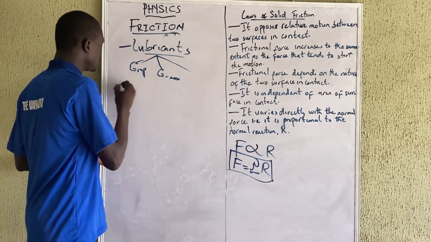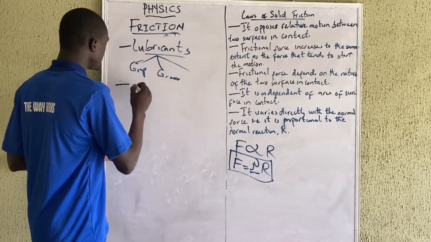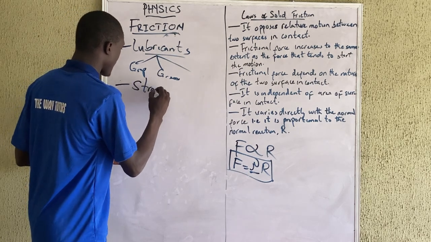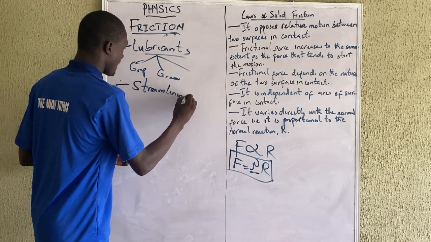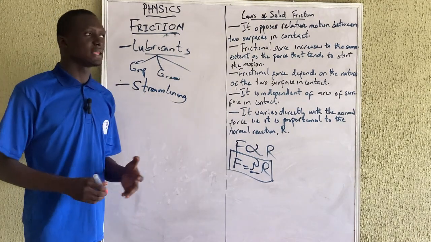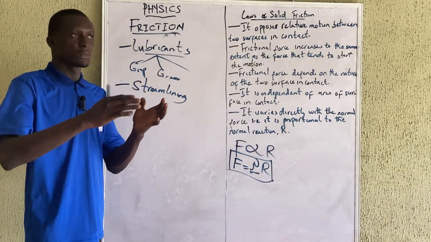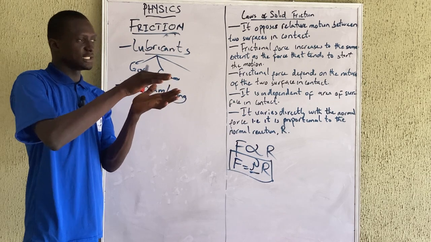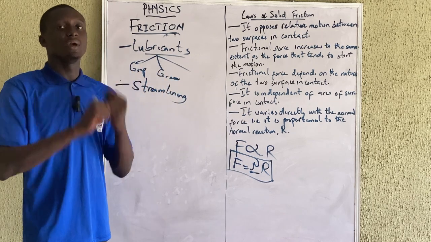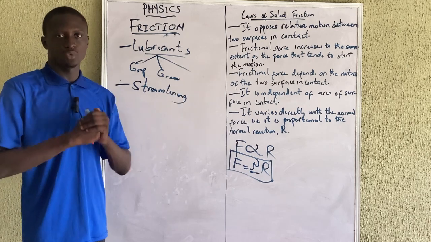Another way of reducing friction is by streamlining. What's the meaning of streamlining? Streamlining means that you make the shape of an object fluid in such a way that it reduces friction. Aeroplanes or cars are very good examples.